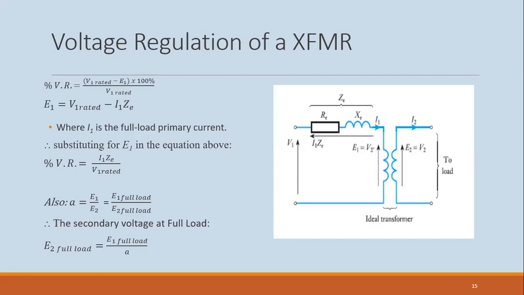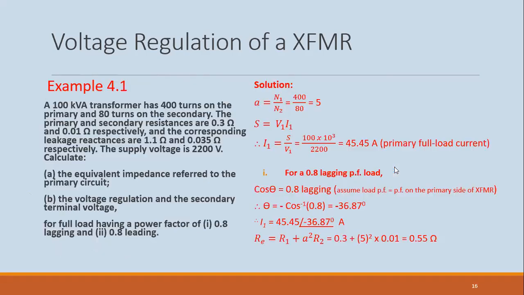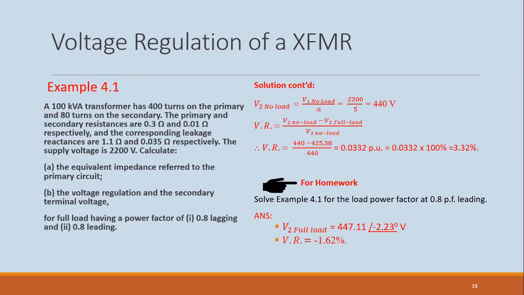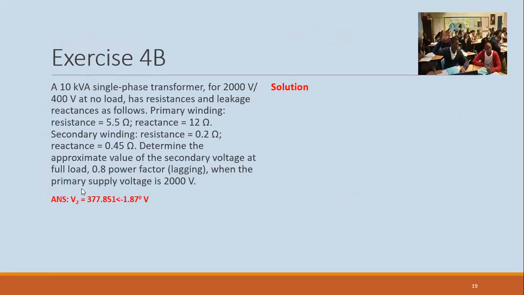All right. Now we saw where this transformer, which is rated to give us 400 volts on the secondary, was actually giving us 377 when it was loaded.